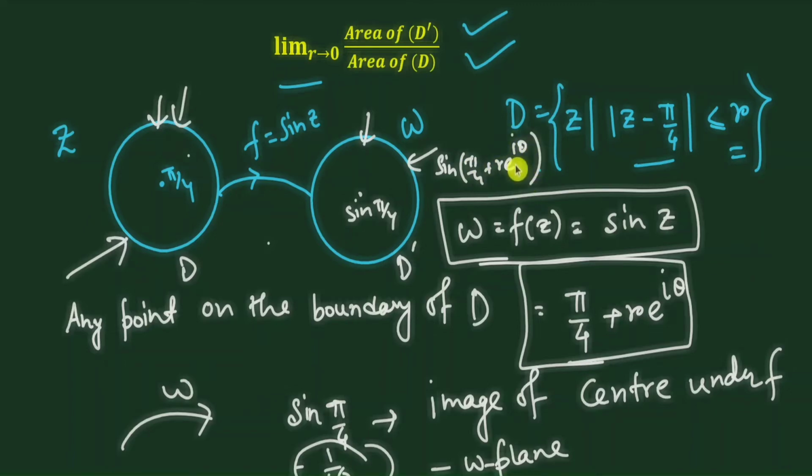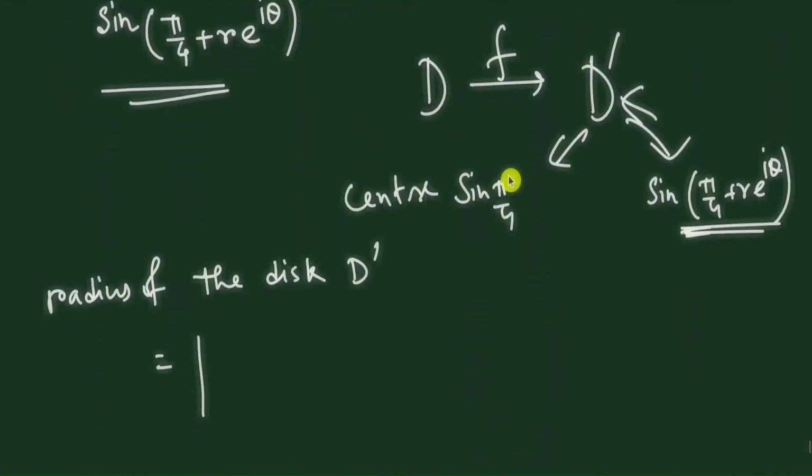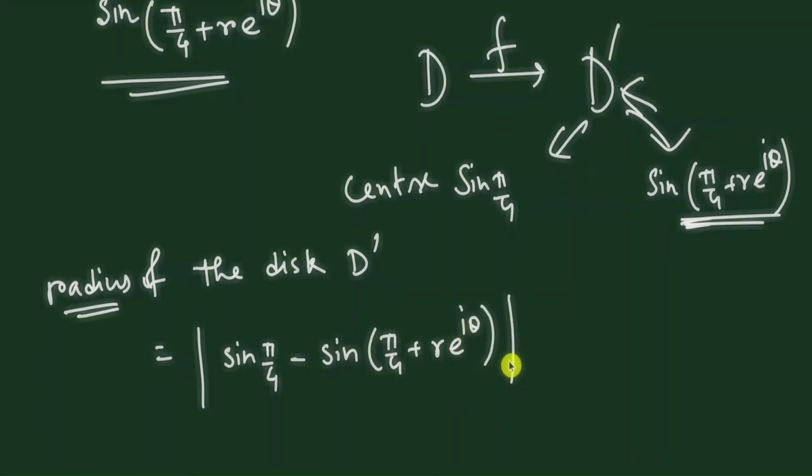This is any arbitrary point on the boundary, and we note that the radius means the distance from the center to any point on the boundary. So this is equal to the modulus of sine pi by 4 minus sine of pi by 4 plus r e to the power iota theta. This is the center.